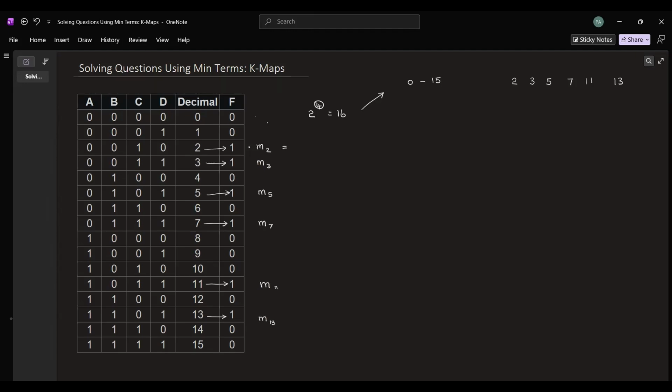In min terms, zeros are absent terms and ones are present terms.